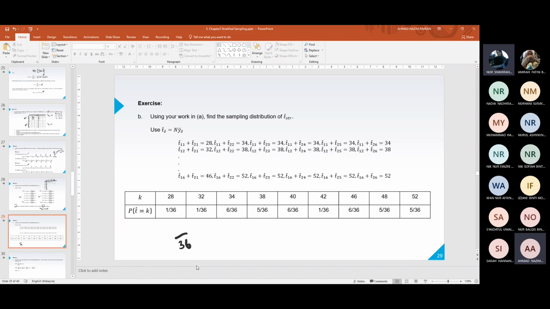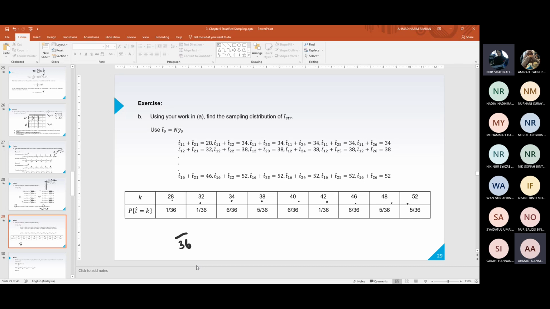You need to calculate it 36 times. And once you have calculated all the combinations, you will come out with 1, 2, 3, 4, 5, 6, 7, 8, 9, 9 different K values.